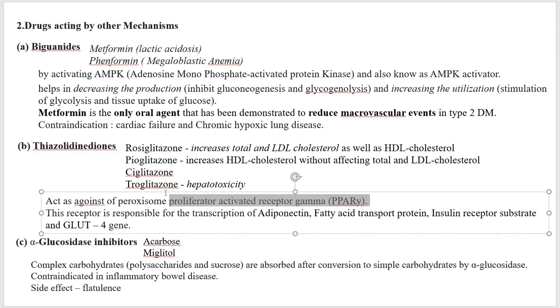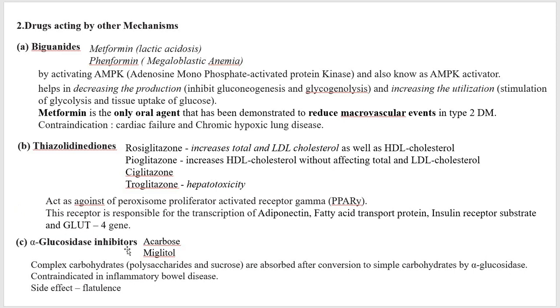These receptors have a major role in case of insulin, and these receptors are present in high quantity on fat cells. Okay, this receptor is responsible for the transcription of adiponectin, fatty acid transport protein, insulin receptor substrate, and GLUT4 gene. Okay, then the next class of drug is alpha glucosidase inhibitors.